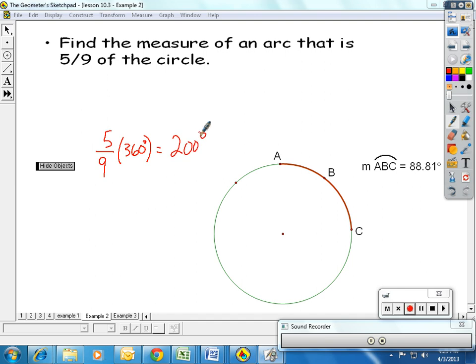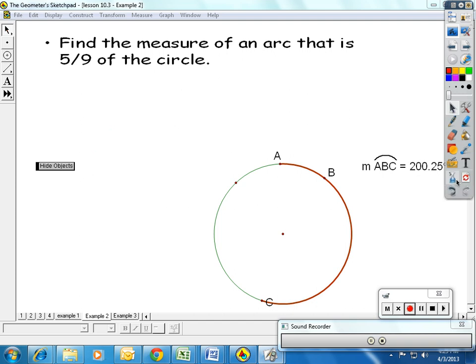Right? So if I adjust this to 200 degrees, there's 200 degrees approximately. That is 5/9 of the circle, and it looks like it. It's slightly over half. 5/10 would be half, so 5/9 is slightly over.